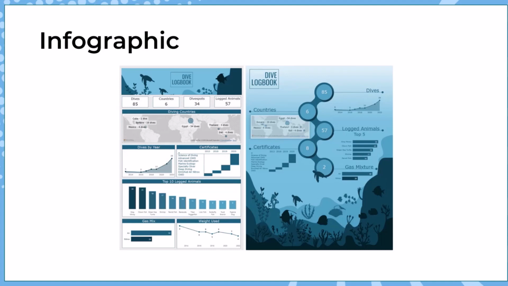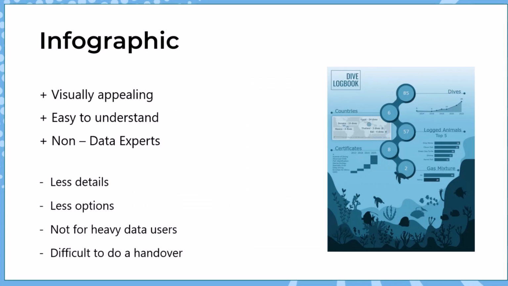Because also it can be hard if you click on a number and you go to drill through, it's hard to remember where did I click on. It's just not made for these kinds of designs. These are not for heavy data users because they can't click anywhere. And this is really, really different to do by hand.